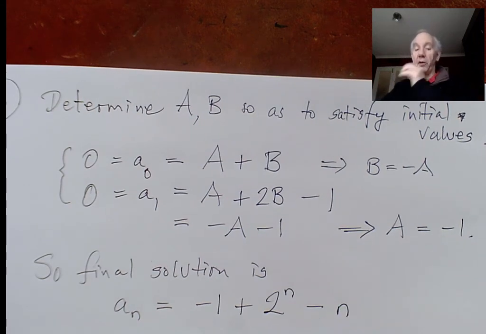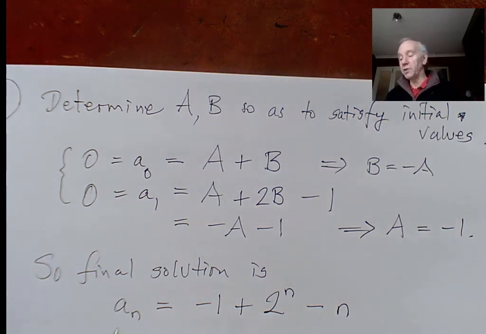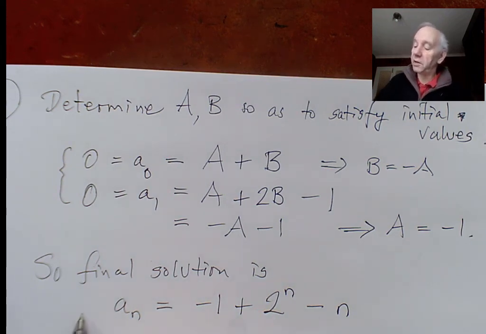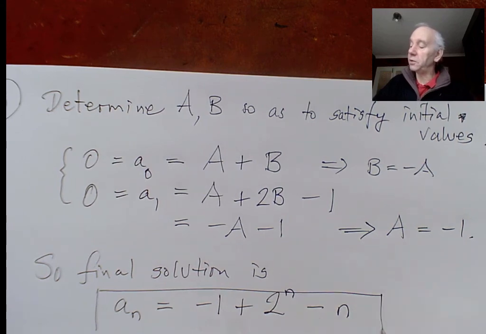Again we can check, of course, that this must satisfy the initial conditions. A0 is equal to 0 and A1 is equal to minus 1 plus 2 minus 1, so that's correct. So that is the final solution.